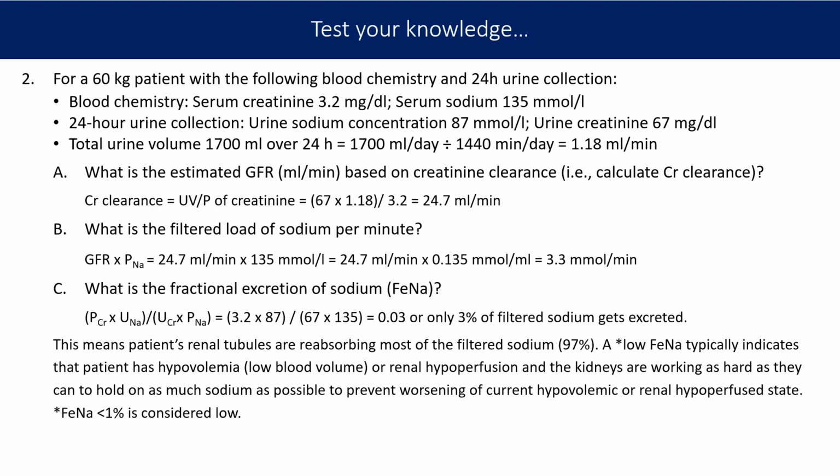A low FeNa typically indicates that the patient has hypovolemia or renal hypoperfusion, and the kidneys are working as hard as they can to hold on to as much sodium as possible for the body to prevent worsening of the current hypovolemic or renal hypoperfused state.